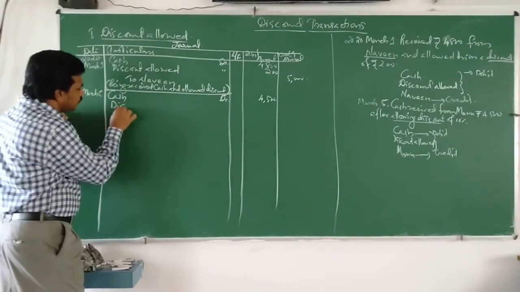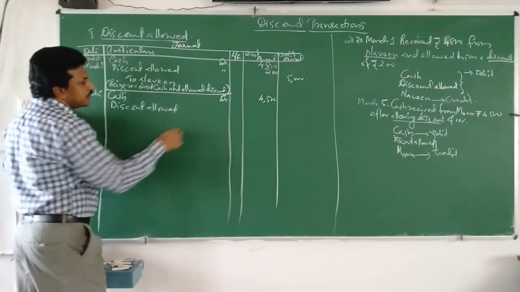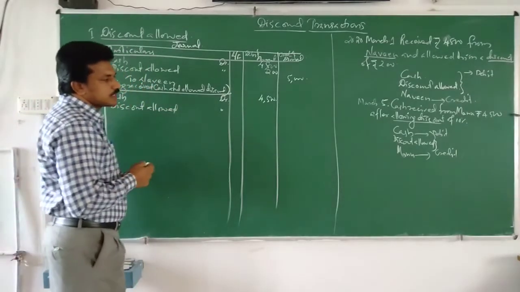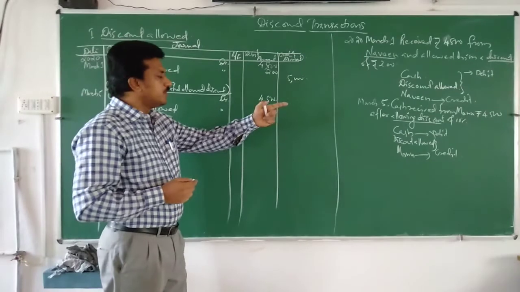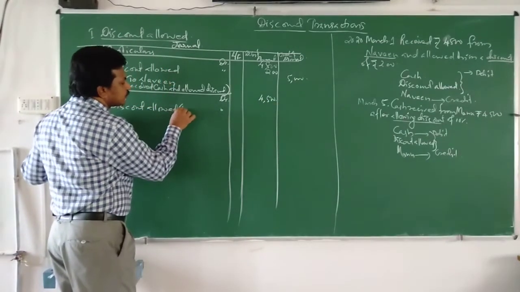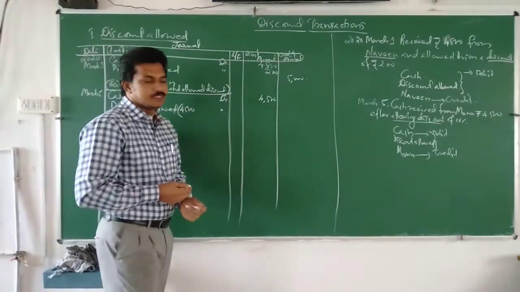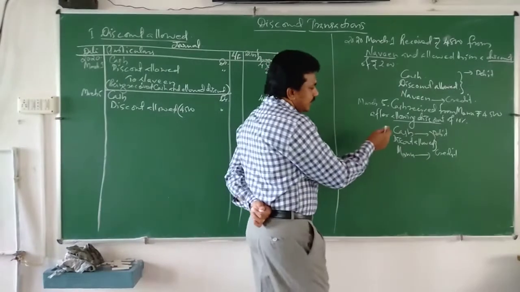Then discount allowed debtor. Discount allowed how much? This 4,500 is there after allowing 10% discount. See, listen carefully.